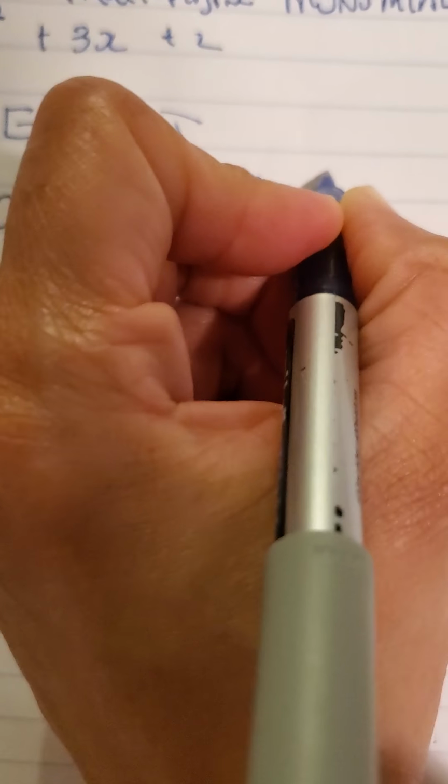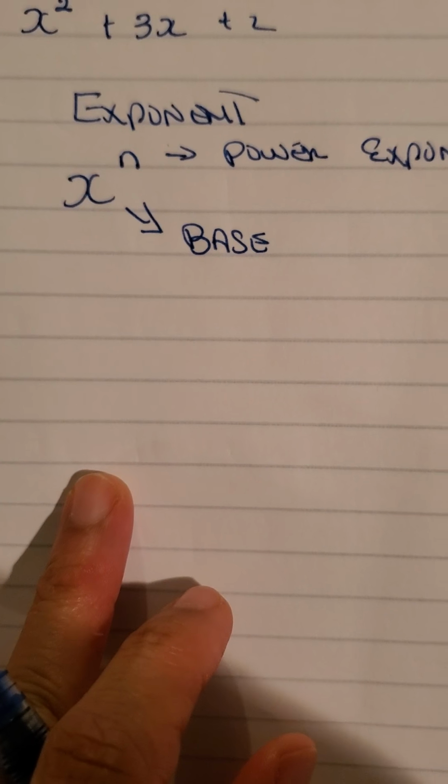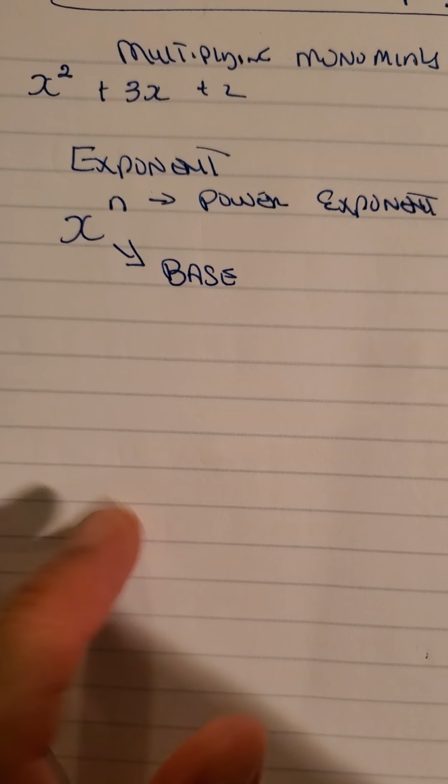So basically, if we have an exponent x to the n, right, x is called our base, and n is called our power or exponent. All right, and you might have seen this before, and this is just a quick recap.